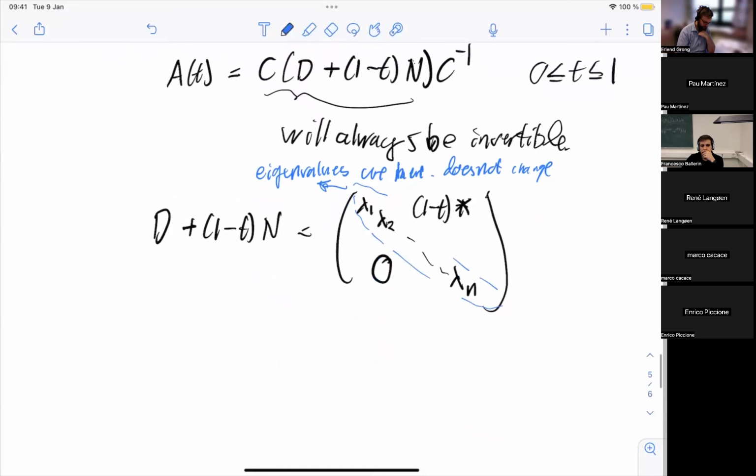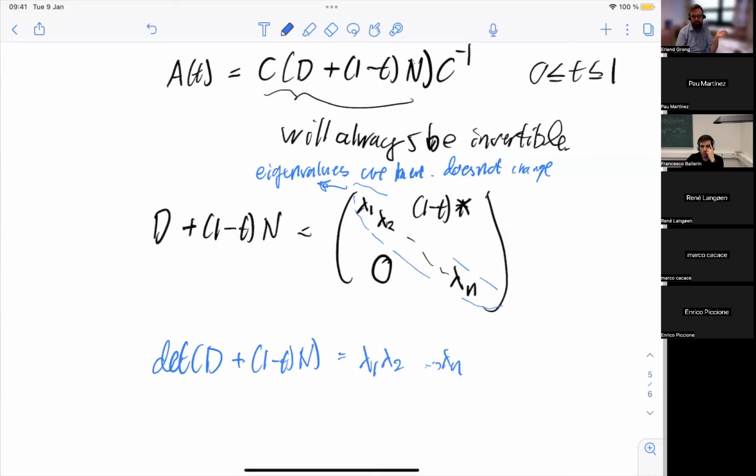So the determinant here just remains a product of these things on the diagonal. If you have an upper triangular matrix, the determinant is just the things on the diagonal.